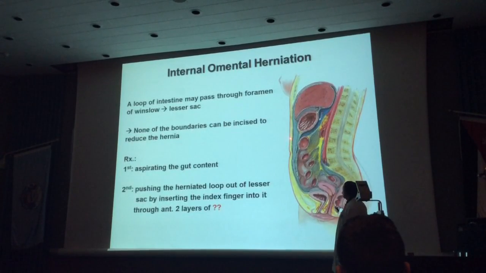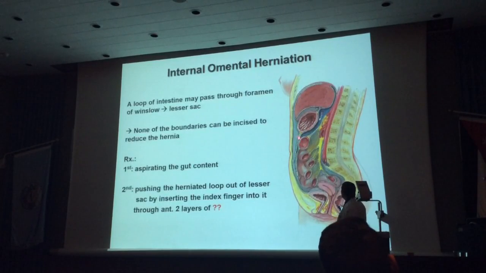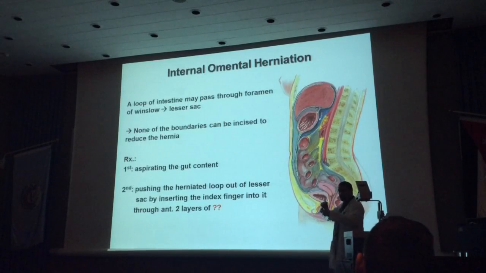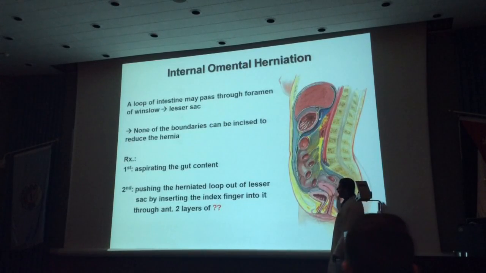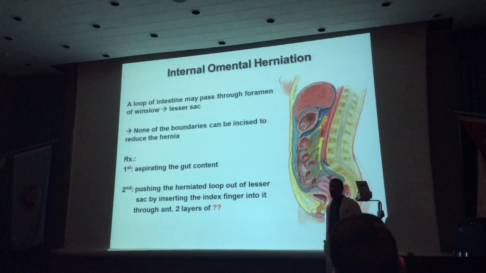You make a surgical opening in the abdominal wall. You enter through the greater omentum, the descending part, this here, the gastrocolic part of the greater omentum, and you cut the two descending limbs here, a small cut. Through them, you could insert your finger into the lesser sac and go up and push this part of the intestine out through the foramen.